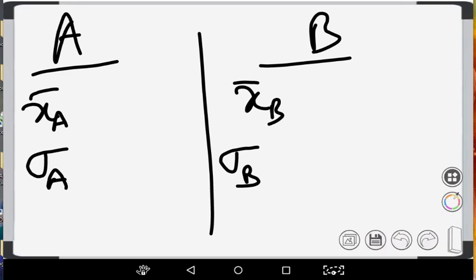Can you do it quickly? What is the mean for A? Add and divide by 10. What is the mean of B?